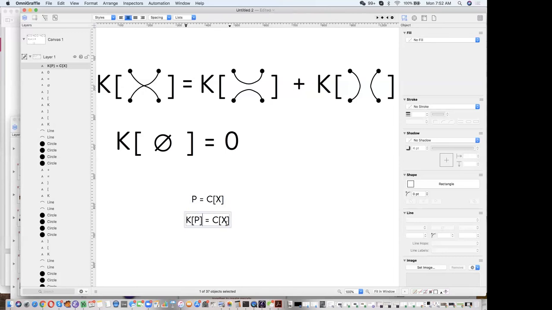is going to be equal to K of C, in which I have replaced X with the horizontal thing, together with K of C, where X has been replaced with the vertical one.